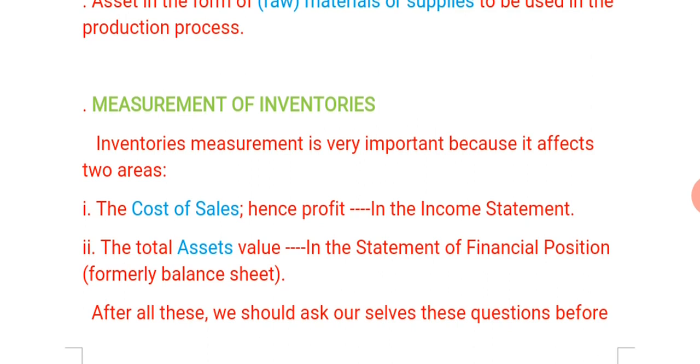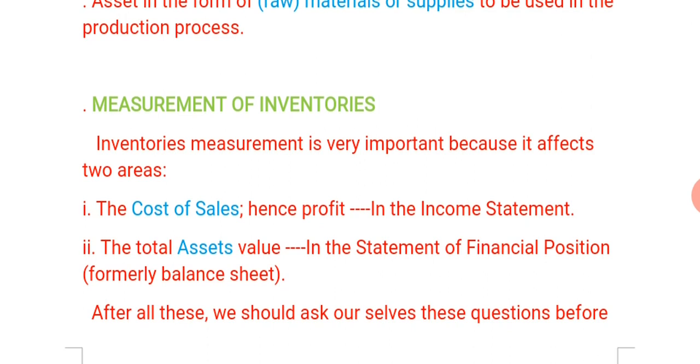While if it reduces cost of sales, which is an expense, it would increase the amount you can have as profit at the end of the period. Then all these are disclosed in the income statement.